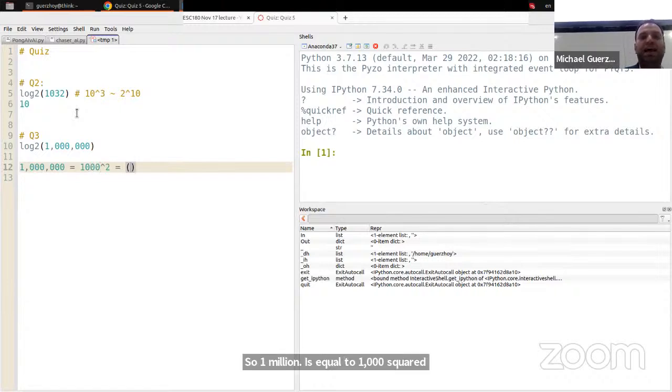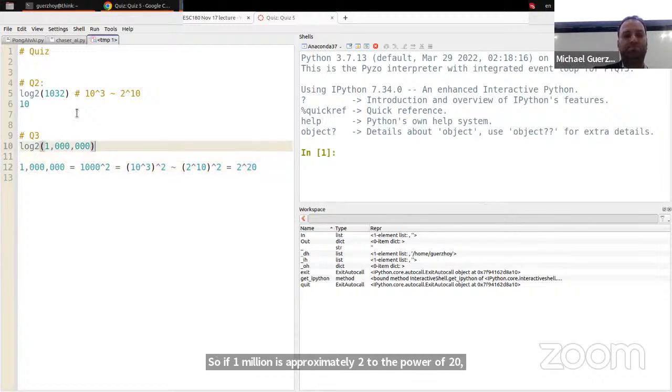So that's equal to 10 cubed to the power of 2, which is approximately 2 to the 10 to the power of 2. The way powers work, 2 to the 10 to the power of 2 is 2 to the power of 20. So if 1 million is approximately 2 to the power of 20, that means that log 2 of a million is equal to 20.